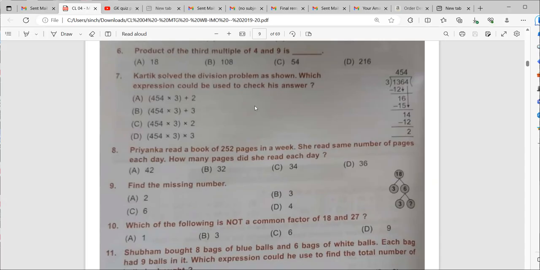Very good. So see, 454 into 3, all the answers are given 454 into 3. Now comes the remainder. So what he needs to do with the remainder, whatever the answer comes from 454 into 3: will he add the remainder, subtract the remainder, divide the remainder, or multiply the remainder with the product of 454 and 3?